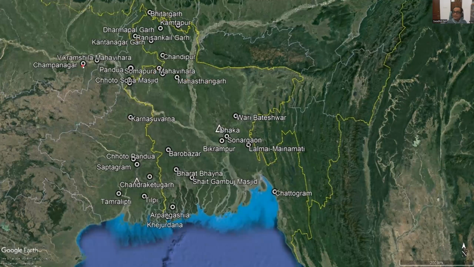And another urban center, which is not part of Bengal right now but part of Bhagalpur in Bihar, is Champanagar, close to Vikramashila Mahavihara. And another urban center which is very important and discussed in Bangladesh specifically is Bhitorgarh in the northernmost part of Bangladesh.